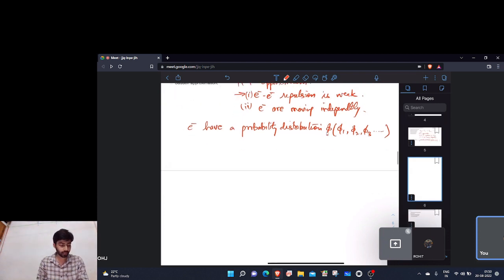Now we can write the wave function for the system to be a product of these single-electron orbitals, right?